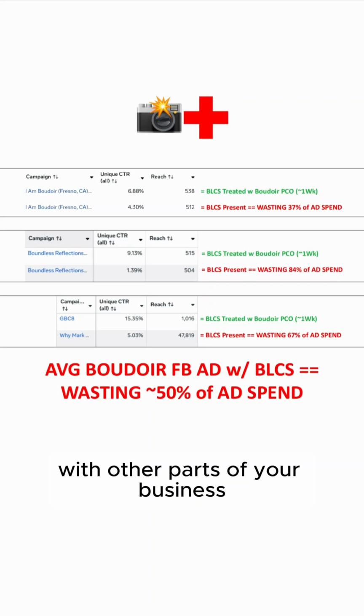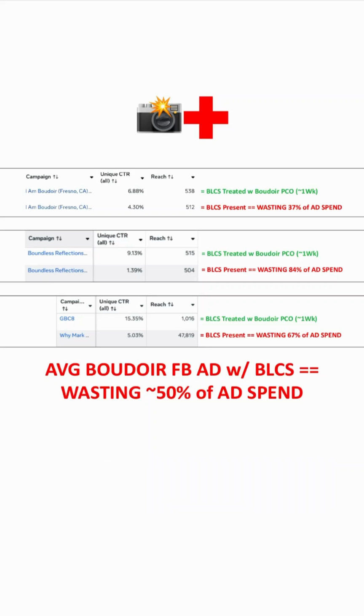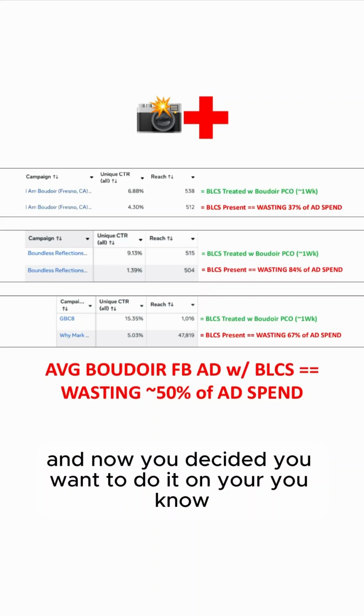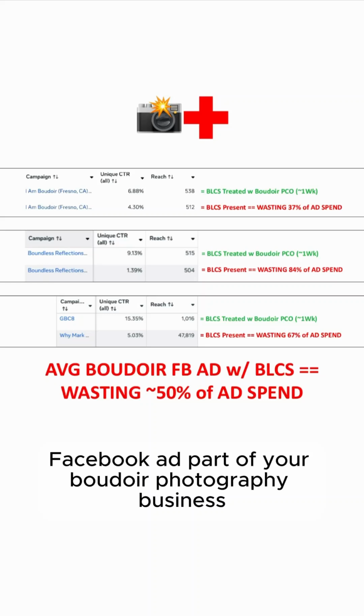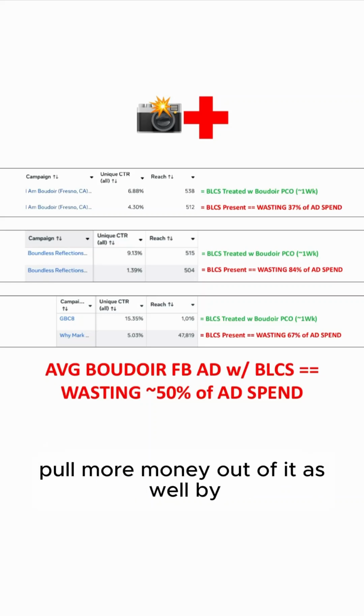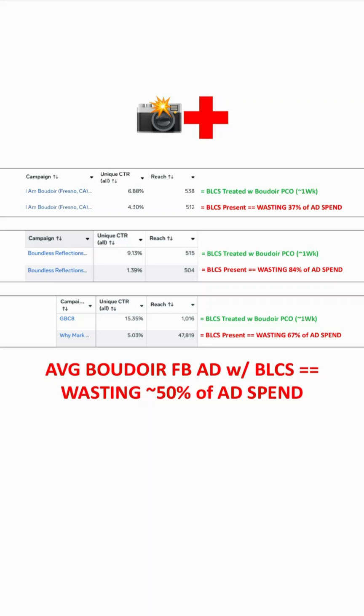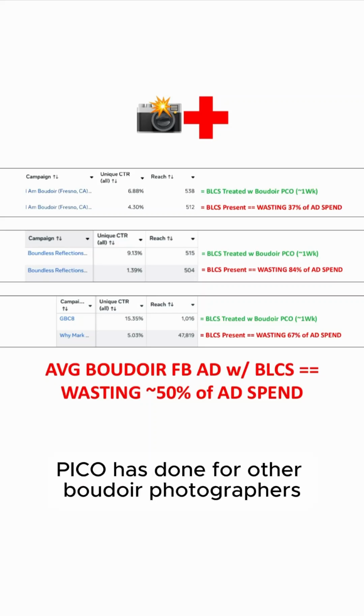You've already done that with other parts of your business, optimizing for the dollars on those parts. And now you decided you want to do it on the Facebook ad part of your boudoir photography business. You want to become way more efficient, pull more money out of it as well by plugging the leaks. And you're seeing what Boudoir Pico has done for other boudoir photographers' Facebook ads.